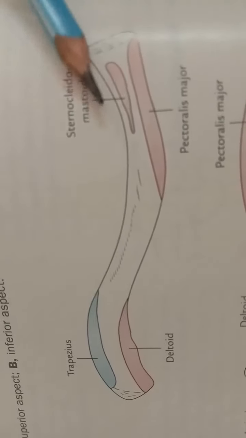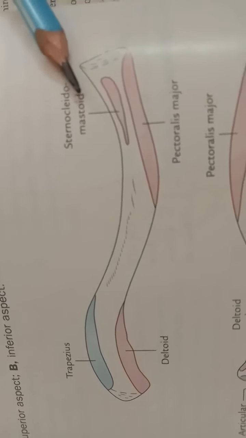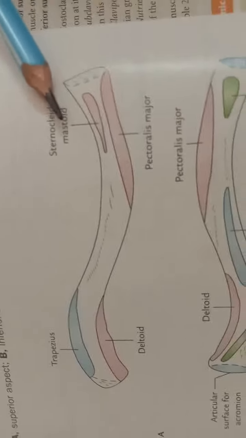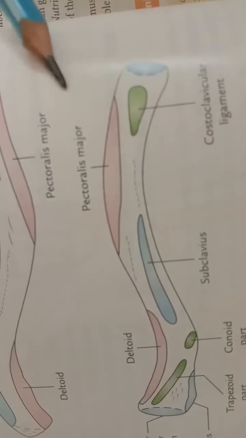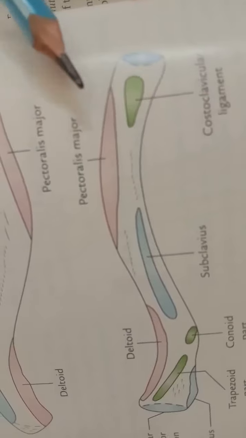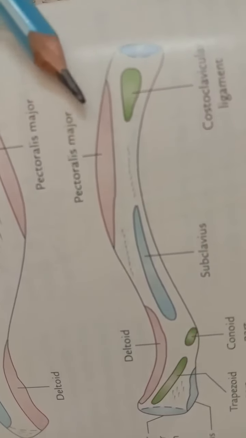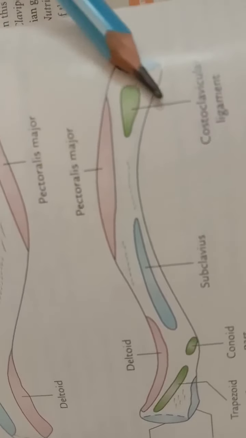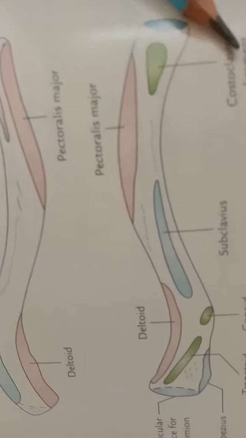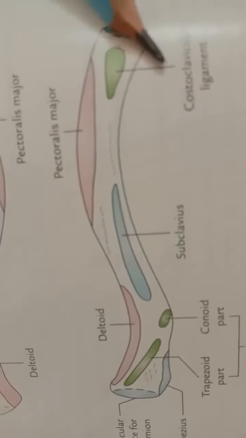Then the oval impression on the inferior surface at the medial end gives the attachment of the costoclavicular ligament. Here you can see the costoclavicular ligament.